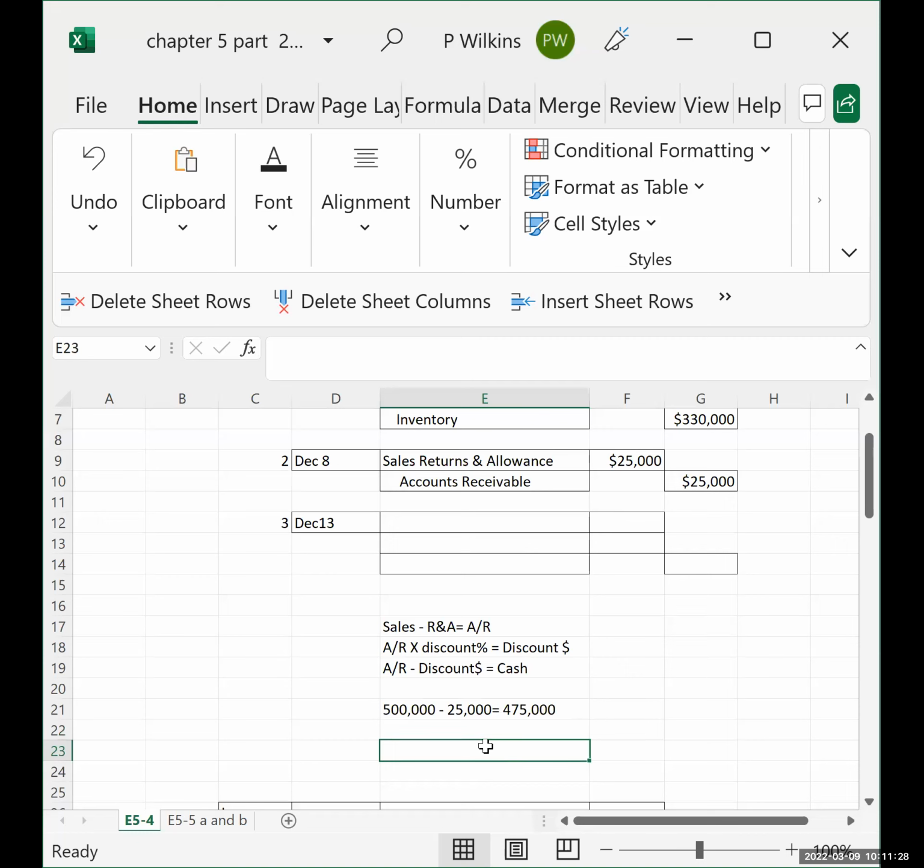We're then going to take the $475,000, which is the accounts receivable number, and we're going to multiply it by the discount percentage amount. And they told us that it was 1/10, so that means 1% discount if they pay within 10 days. So 475,000 times 1% is 4,750.